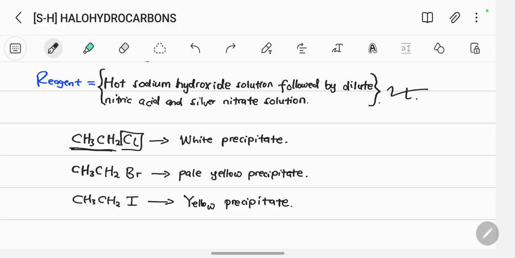I'm moving on to what really happens when we try to maybe distinguish this with aryl halides.